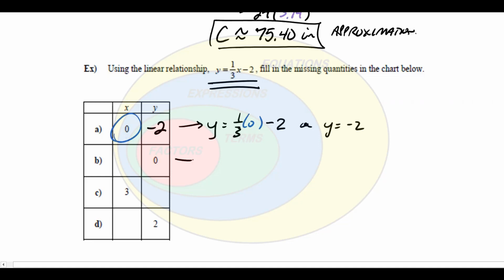For this one, if you plug in 0 for y, I get 0 equals 1/3 x minus 2. And here I need to solve with some algebra. So I'll add 2 and add 2. I get 2 equals 1/3 x. And then multiplying by 3 to cancel, I get 6 equals x.